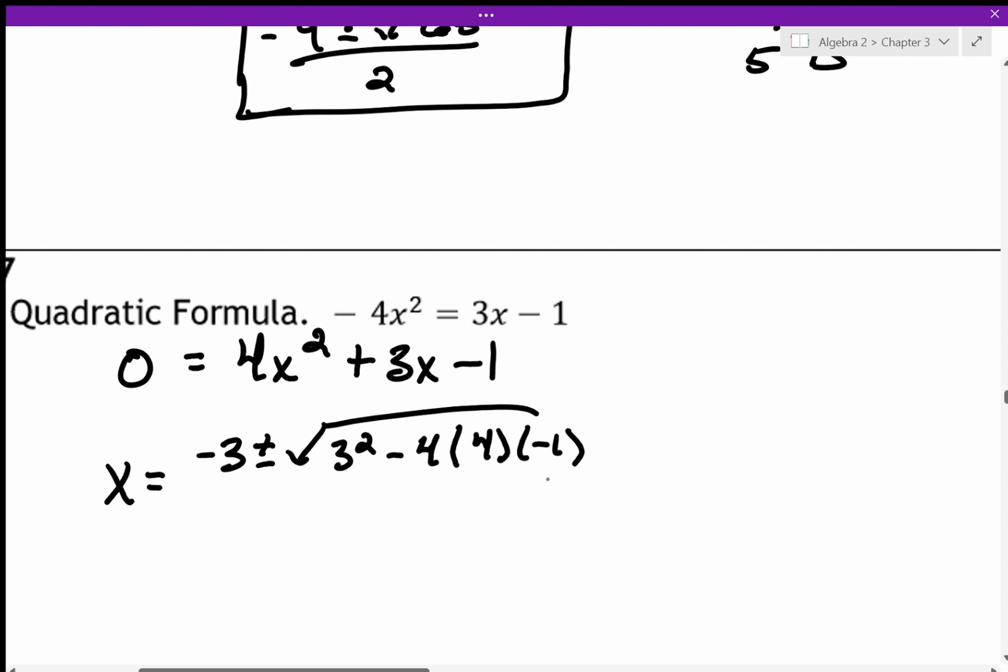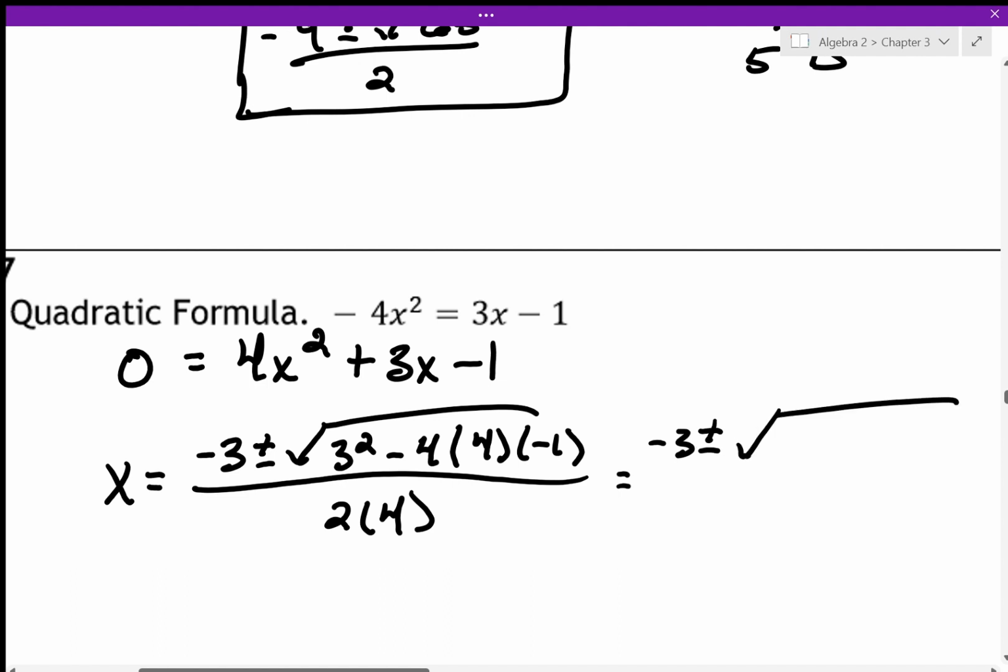That's 4ac, all over 2a, so 2 times 4. Now I'm going to type the discriminant in my calculator. That's going to be, what, 9 plus 16. That gives me 25, all over 8.